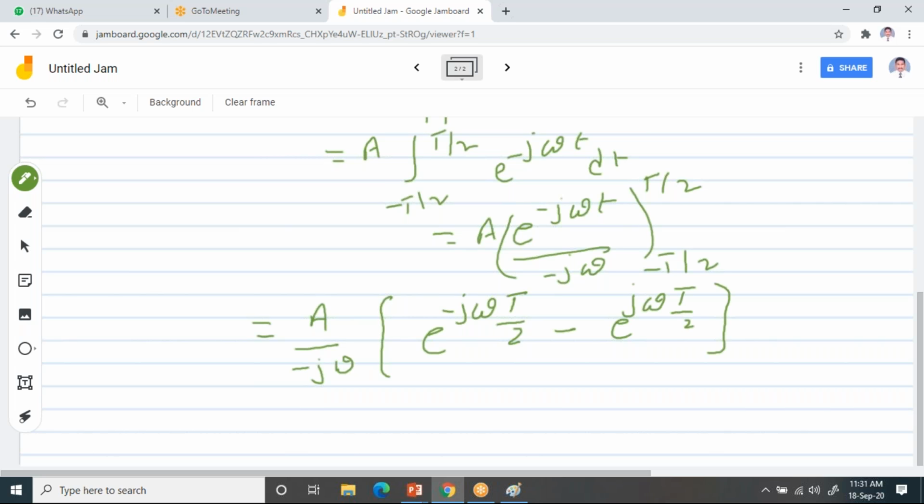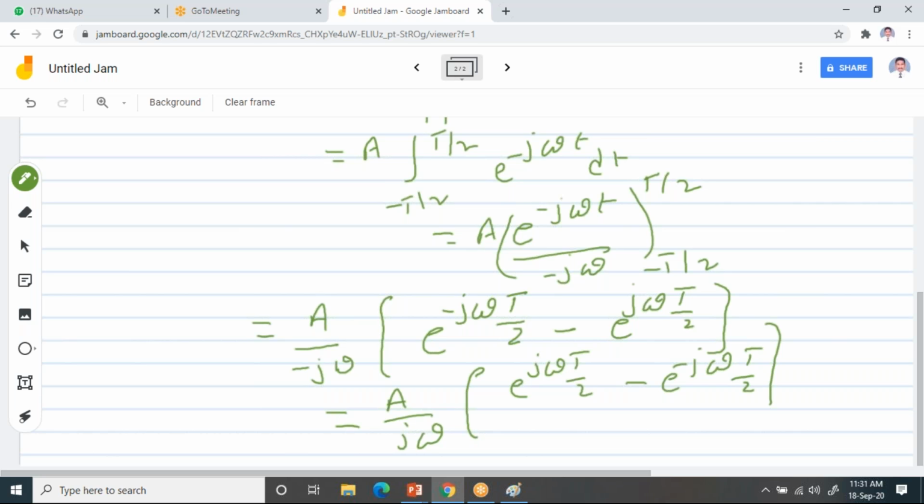If I take this minus inside, then it becomes A by j omega, and you can write it as e power j omega T by 2 minus e power minus j omega T by 2.